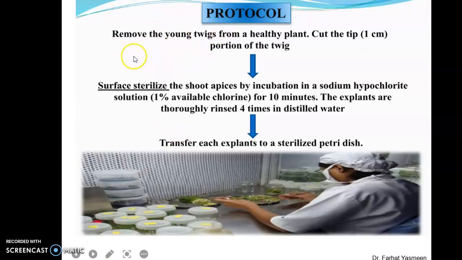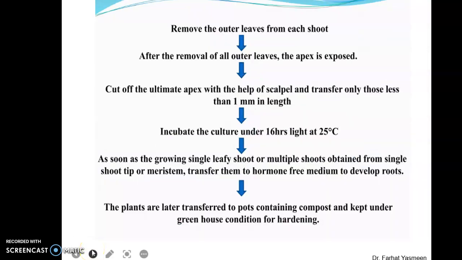Protocol: first of all, remove young twigs from a healthy plant, then cut the tip, 1 centimeter from a portion of the twig. Then surface sterilization is a very important step in tissue culturing. Then the surface sterilized explants are transferred to petri dishes.